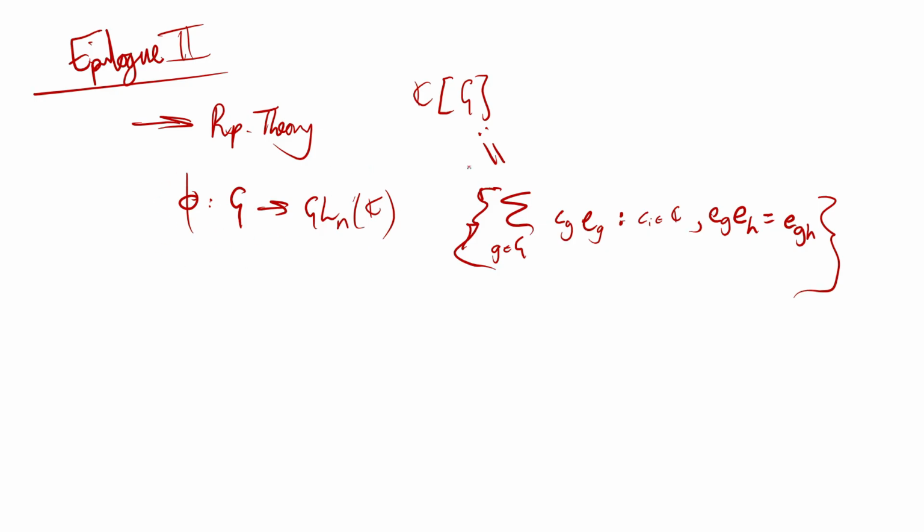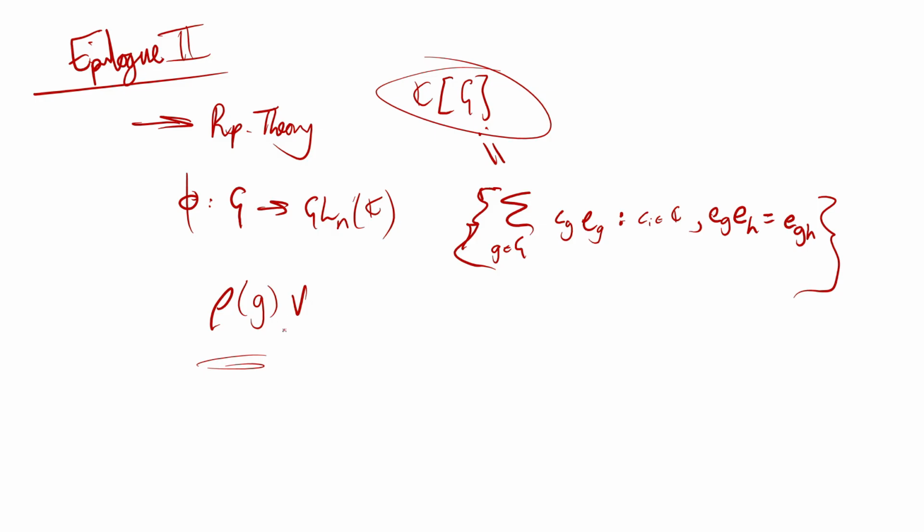this is where I did touch modules, so this homomorphism here is, you have rho of g multiplied by some vector. This kind of looks like you're taking a module over this ring.